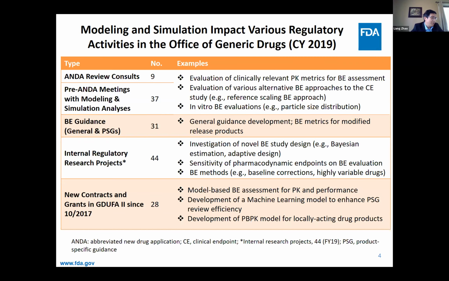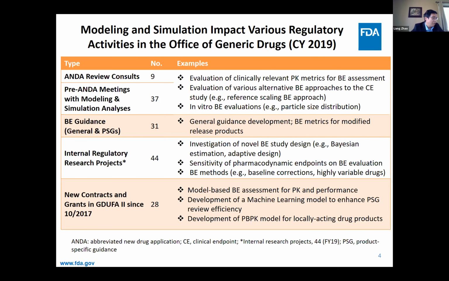Modeling and simulation-related regulatory scientific activities include both internal and external research. The external research is conducted in the form of contracts and grants. We have collaborations with almost all the well-known labs across the globe.